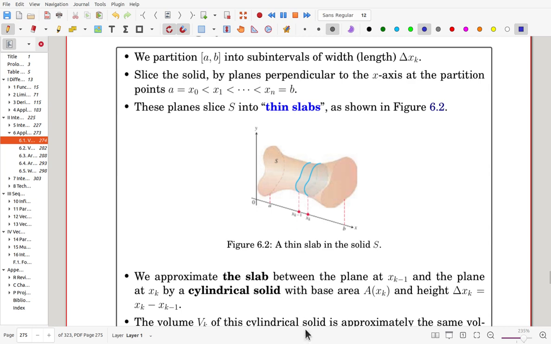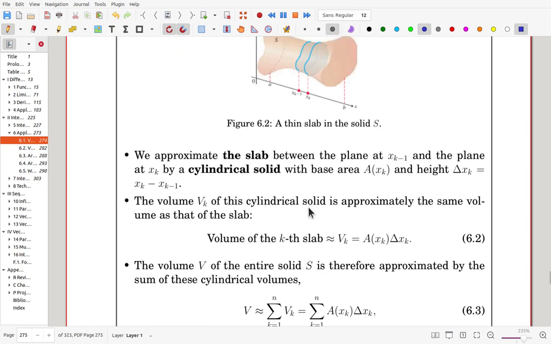Then the cylindrical solid approximates the original slab. Here, the volume of the kth slab can be approximated by the volume of the cylindrical solid, and that is A of xk times delta xk. Delta xk is this length, used as the height, and base area times height.